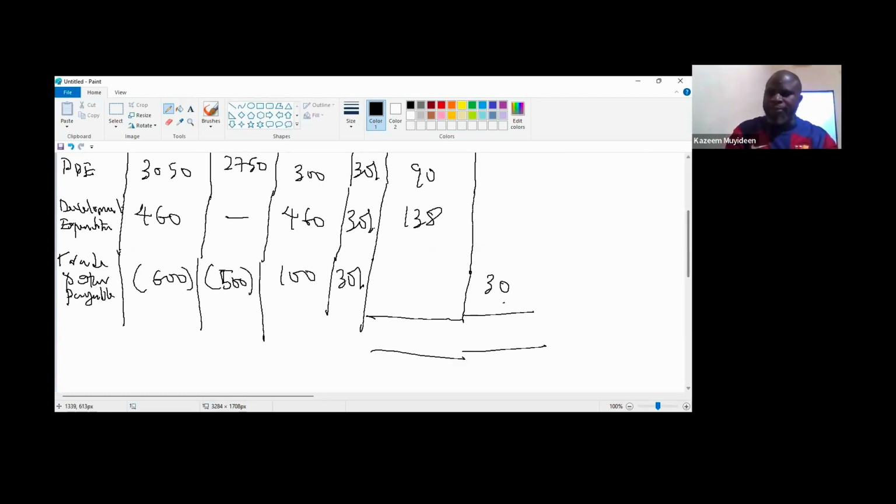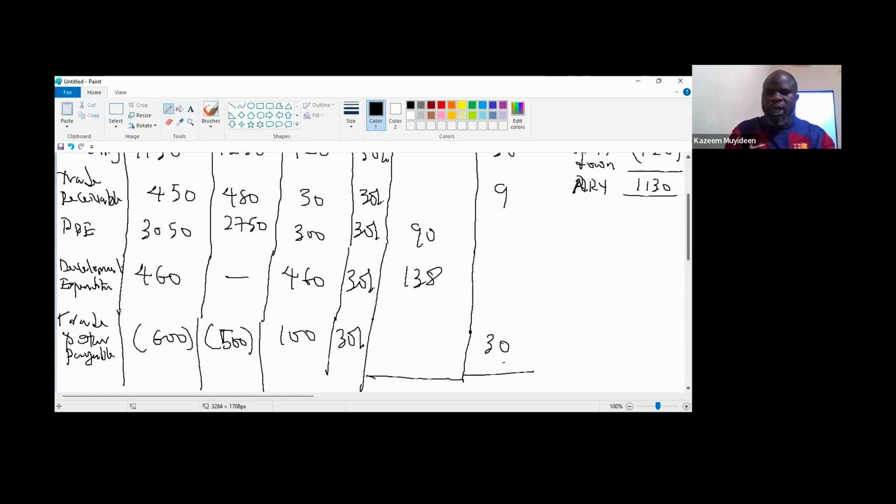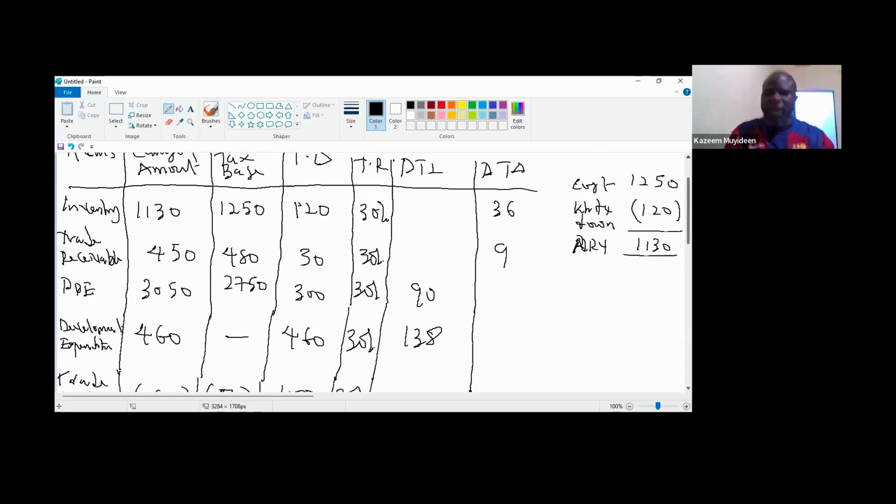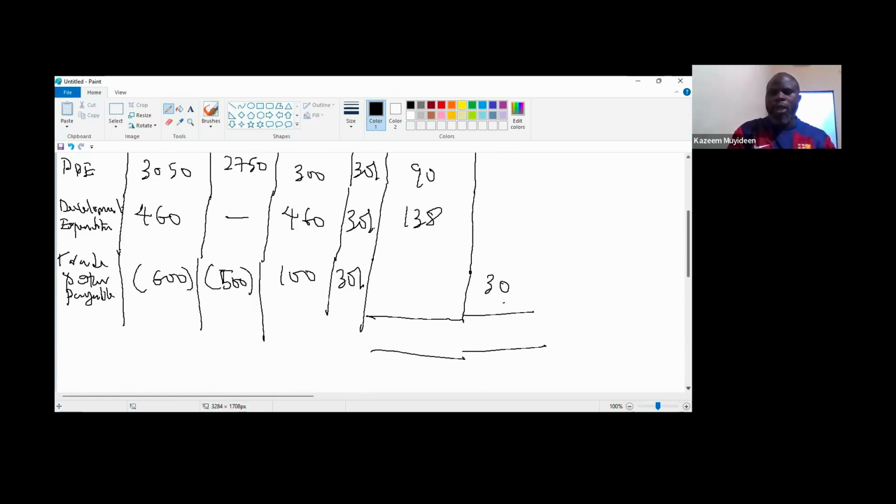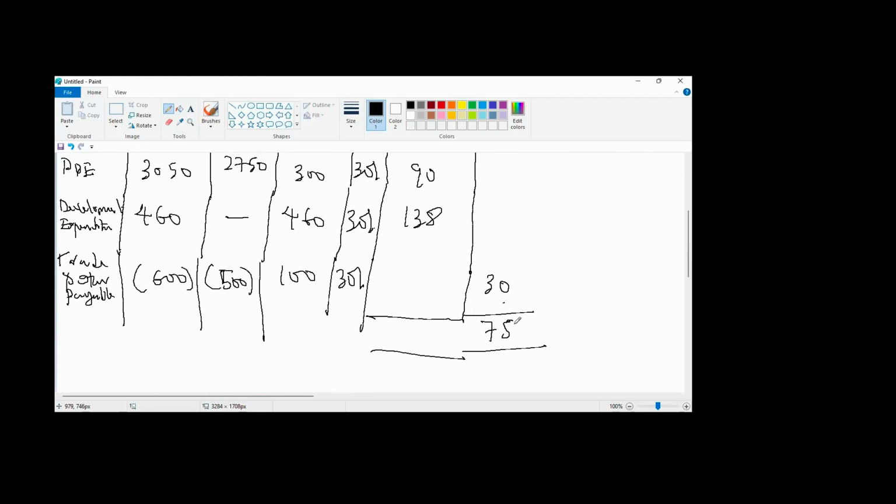I will now sum them together: 36 plus 9 plus 30 to give me the assets. That will give me 75. Then the liabilities: 90 plus 138 gives 228.